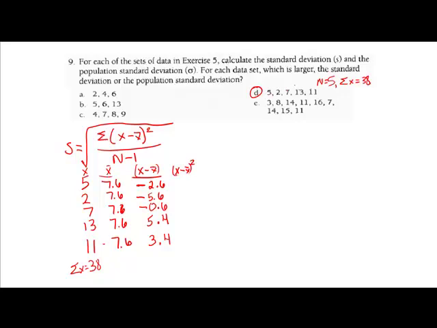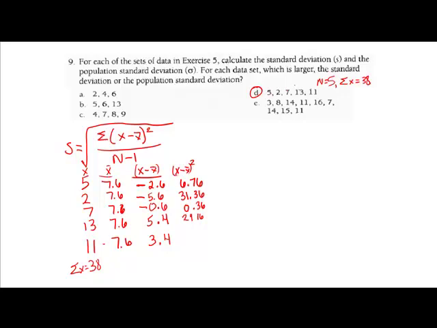Squaring's great because it takes away the negative sign. 2.6 times 2.6, according to my calculator, is 6.76. 5.6 times 5.6 is 31.36. 0.6 times 0.6 is 0.36. 5.4 times 5.4 is 29.16.